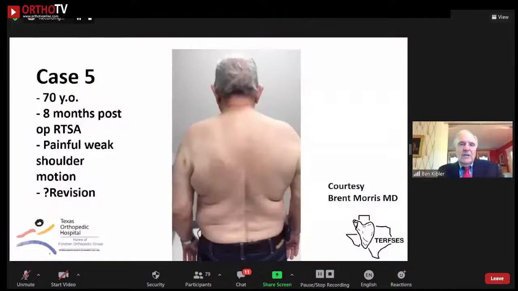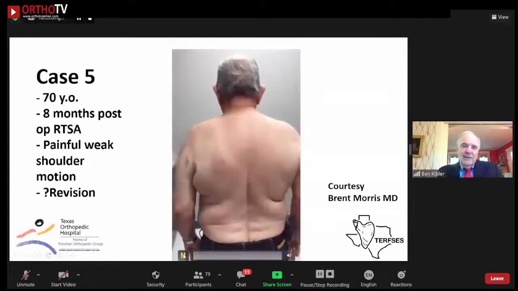There's another very interesting case of a man who is 8 months post reverse total shoulder replacement. He was sent to my colleague, Dr. Morris, because he had a painful shoulder. So the question is, does he need a revision of this reverse shoulder surgery, which of course is a big surgery?